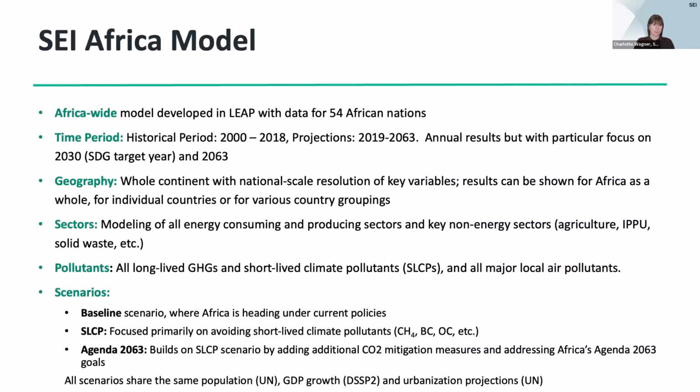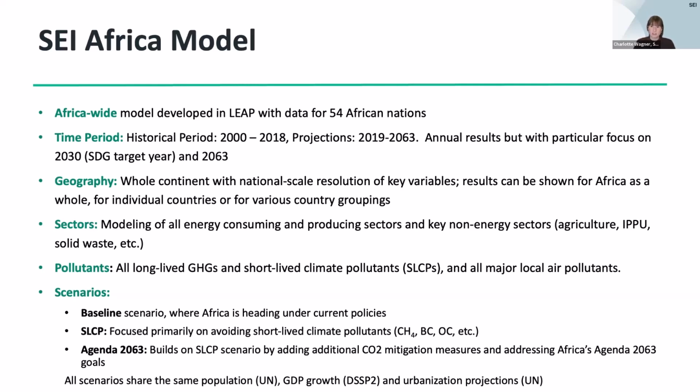So the SEI Africa model is an Africa-wide model developed in LEAP with data for 54 African nations, covering the historical period 2000 through 2018, as well as projections out to 2063, matching the horizon of the Africa Assessment Report.